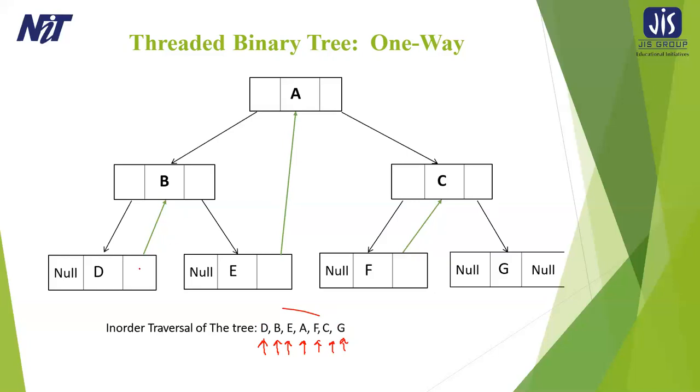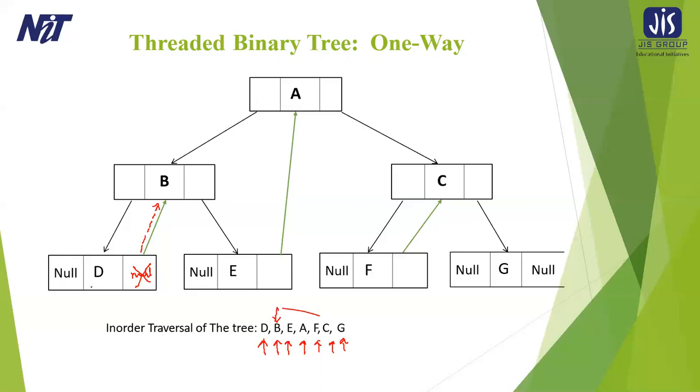Now we have to replace these null pointers with threads. Threads are denoted by dashed lines. This null pointer holds the address of B, because after D, B is the in-order successor of D. That's why this null pointer is replaced by the address of B. Similarly, we look at the other null pointers.